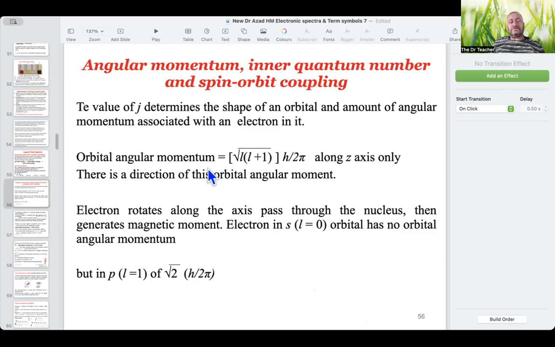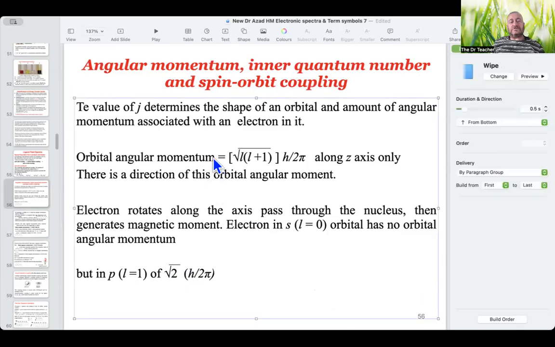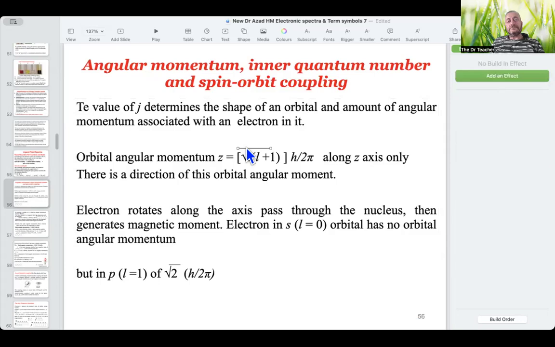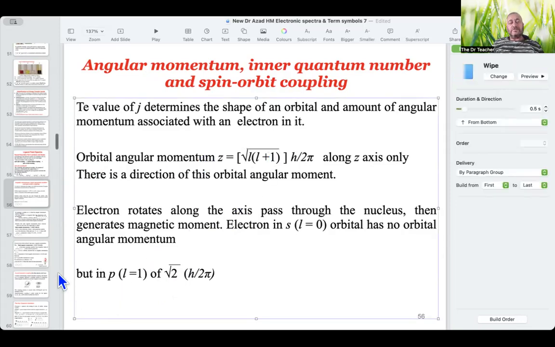So in all cases, when you write here orbital angular momentum along Z-axis, so this is Z. Okay, so every time you have to write Z, and to see what this is, whether Z is the orbital angular momentum or spin angular momentum or the direction.